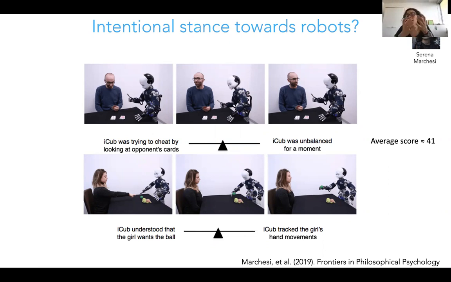We can quantify this by assigning the number 0 to the extreme mechanistic. So if a participant takes the cursor to this extreme here, we would say 0. To this extreme here, we would say 100. It's just a way of coding things into numbers.